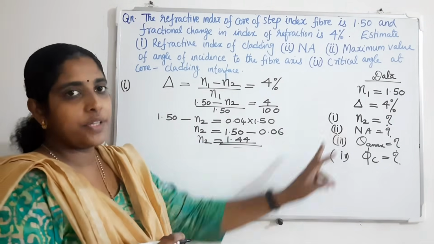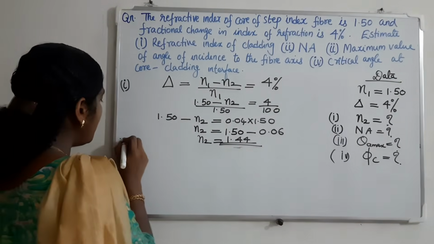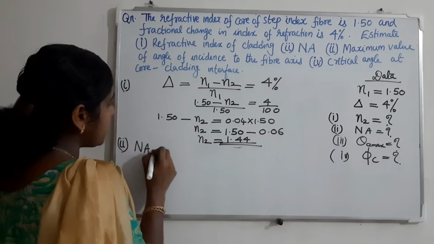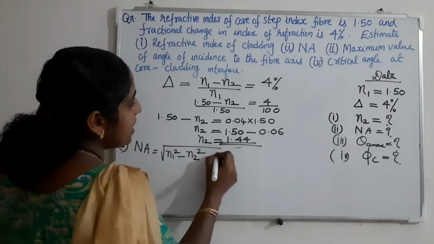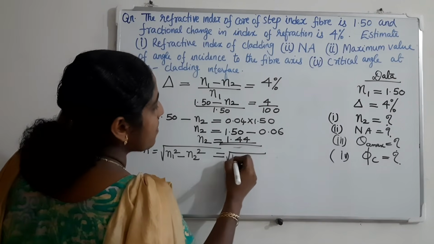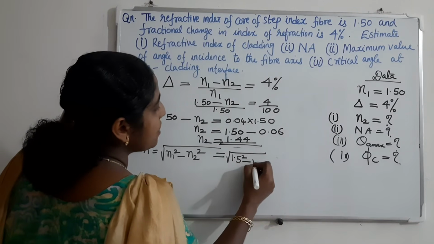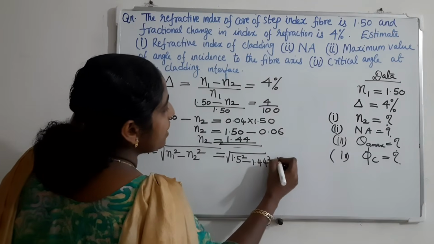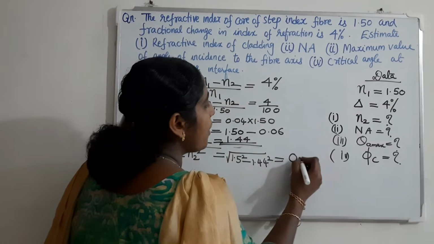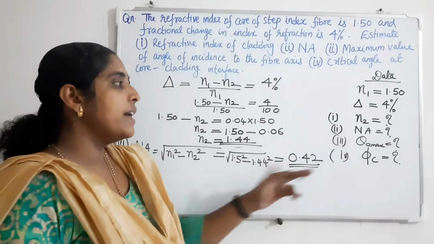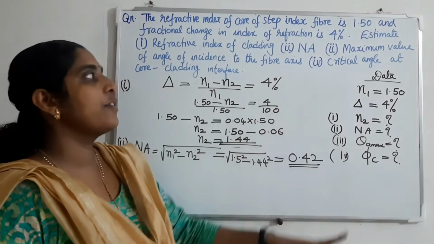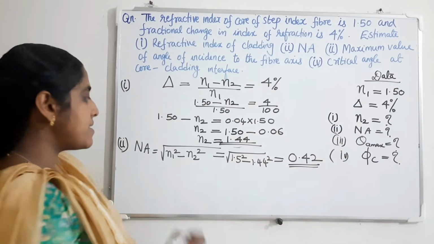Second, we want to find out the numerical aperture. So the numerical aperture we can find out from the expression root of N1 square minus N2 square. That is root of N1 is 1.5 square minus N2 is 1.44 square. That is equal to 0.42. So 0.42 is the numerical aperture. Third is the maximum value of angle of incidence to the fiber axis, that is acceptance angle.